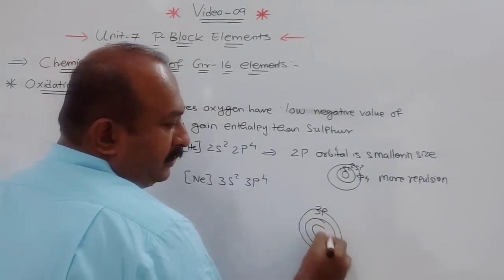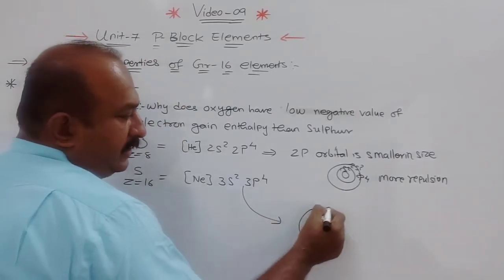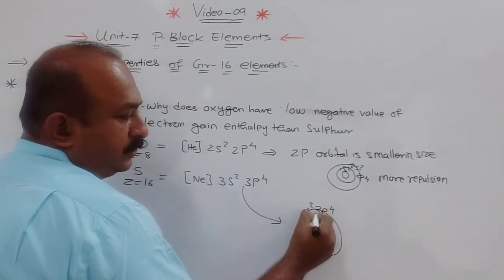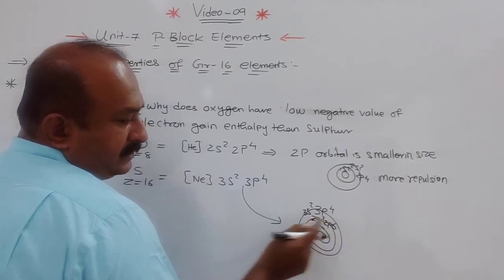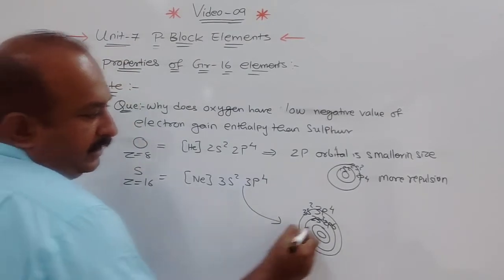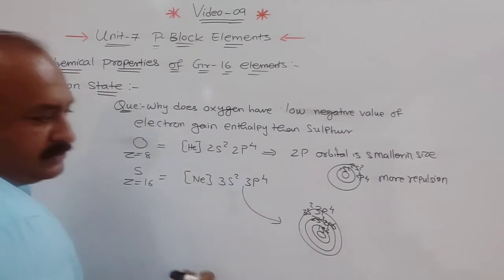Which orbital am I talking about? The 3p orbital of sulfur. Understood? So here it is 3p4, 3s2, 2s2, 2p6, and here 1s2.